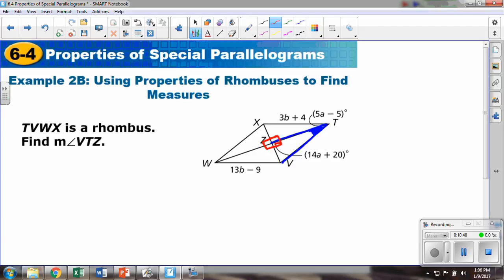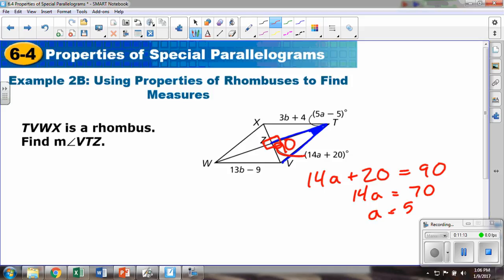And because this is a 90-degree angle, we've got the ability to create an equation. 14a plus 20 has to be 90 due to our perpendiculars. We can subtract off 20 and get 14a equals 70. Dividing by 14 tells us a is equal to 5.